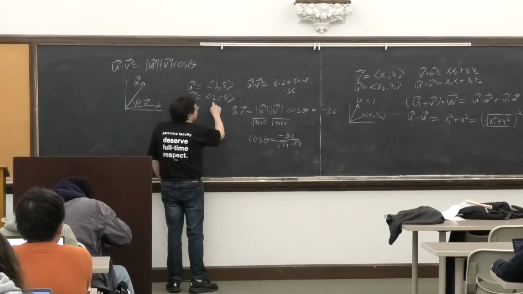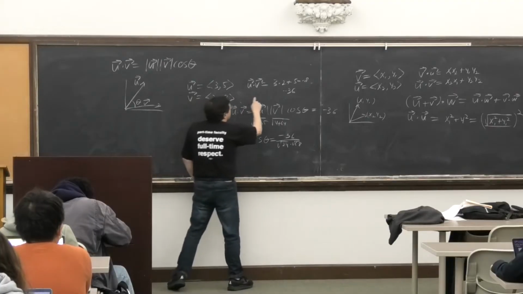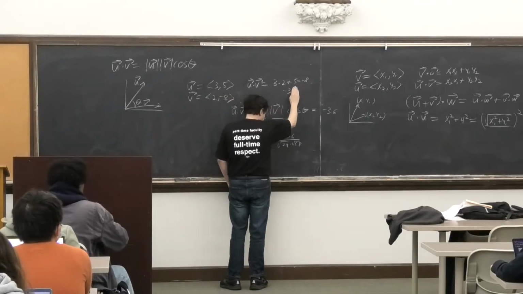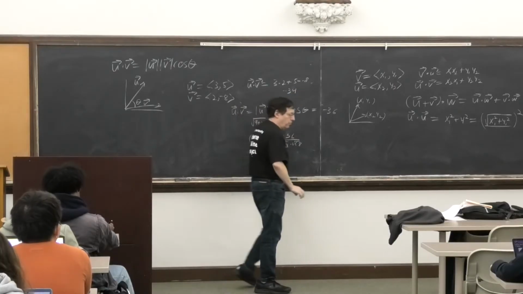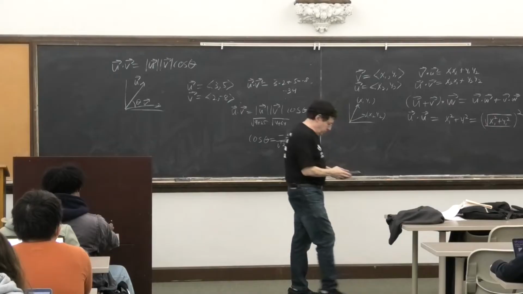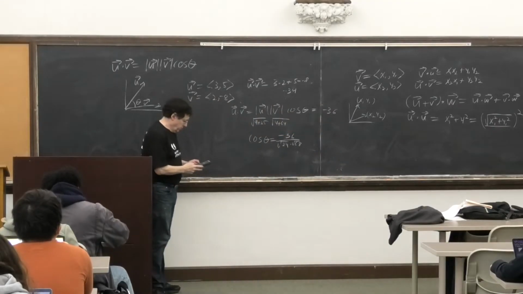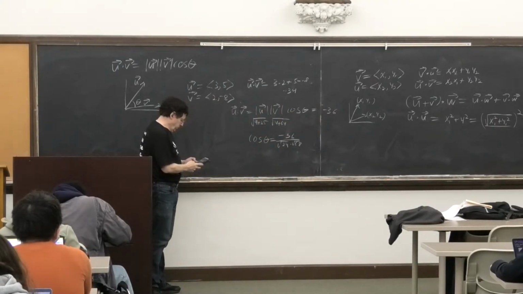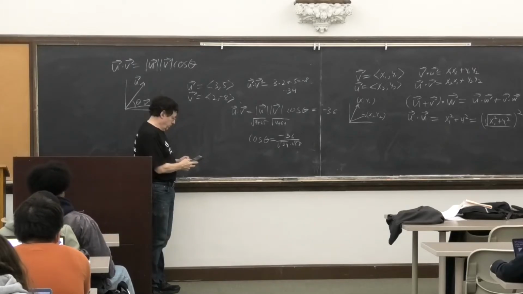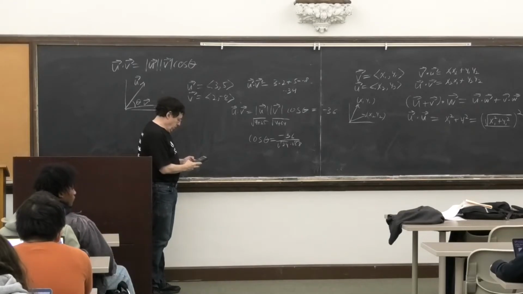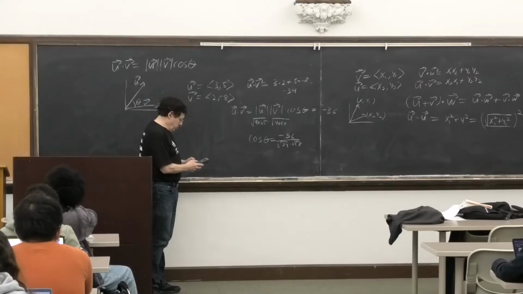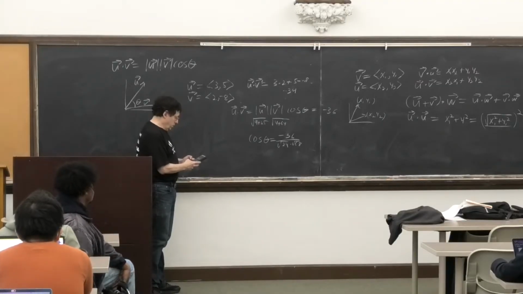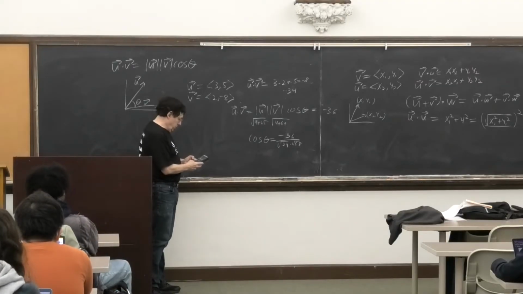3 times 2, 8. Oh, sorry, -34. Divided by square root of 24, square root of 68.